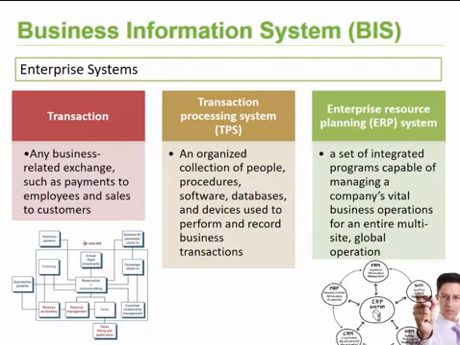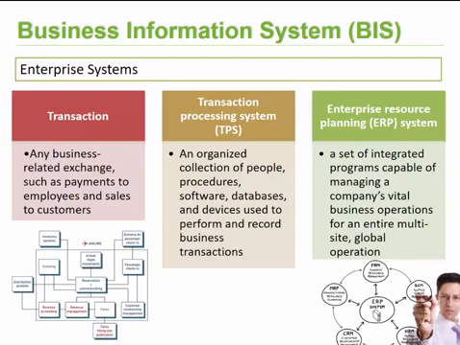Then we typically find transaction processing systems. Now these systems are set up in such a manner that it would go and record all our business transactions and business interactions. So anything that happens within the business would be recorded here. So if you think about the pyramid that we've shown before, typically right at the bottom we would find our TPS system.